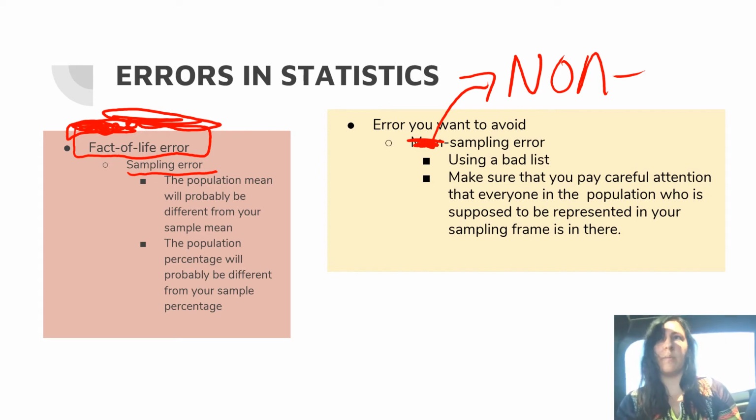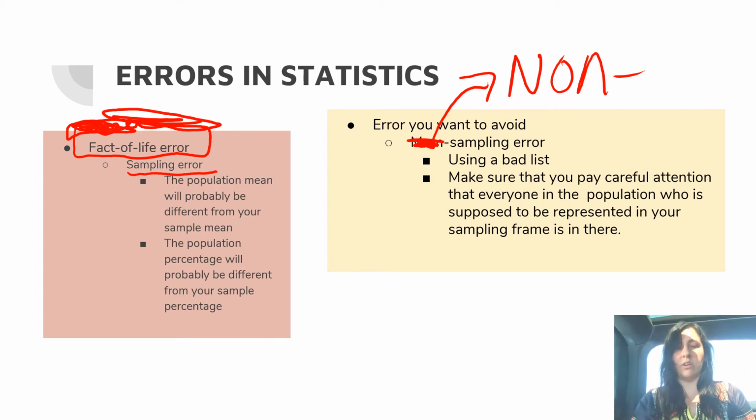An example of this could be, let's say you're doing a study. You wanted to survey everyone that works at a certain school, all the faculty members. And maybe one of your colleagues said, oh, I could totally help with that, and they give you an Excel sheet of all the faculty that they think is in the school. Then later on you find out that some of the people on that list aren't even faculty, maybe they quit, they don't work there anymore.